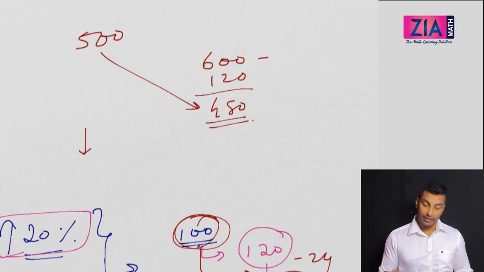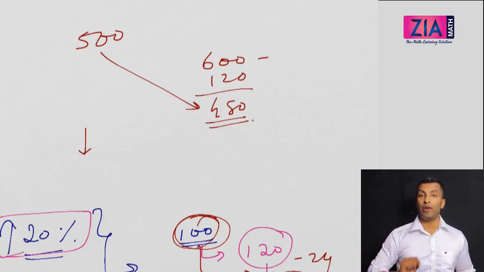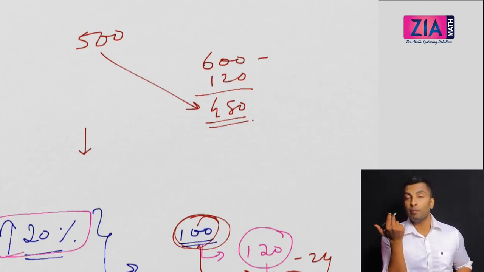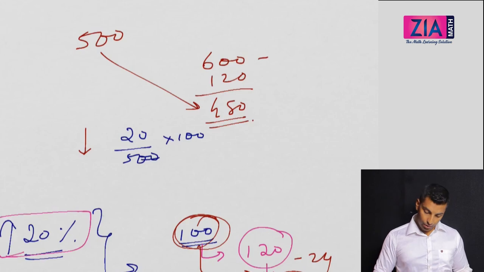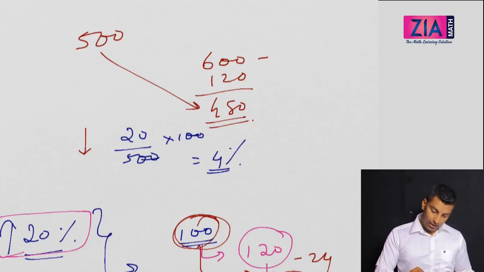That means there is a decrease of how much? What percentage? You need to see, 20 is what percentage of 500? So you can do 20 divided by 500 into 100. So you get 4%. So what we have done is, what is the change?